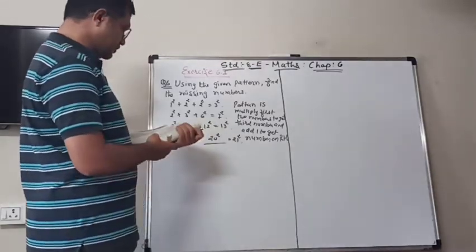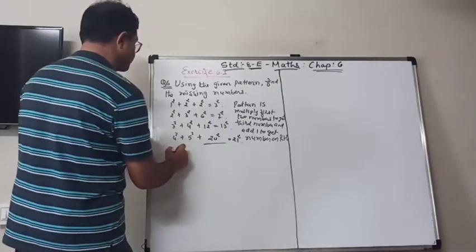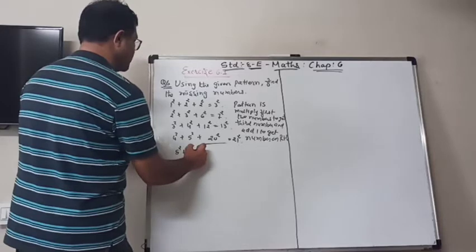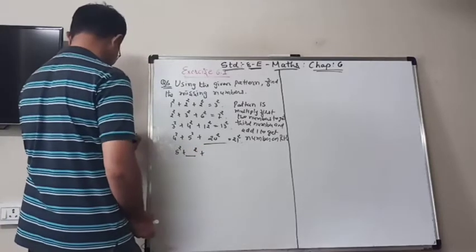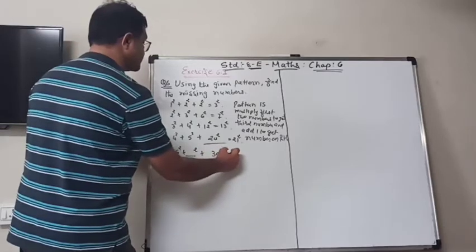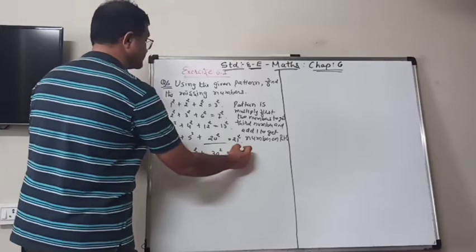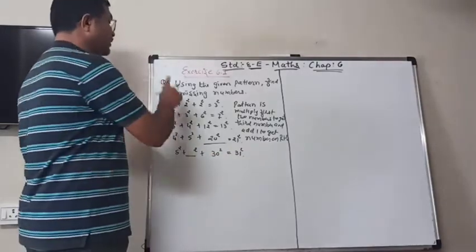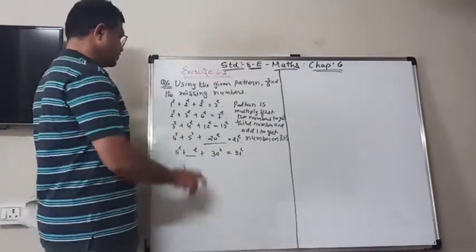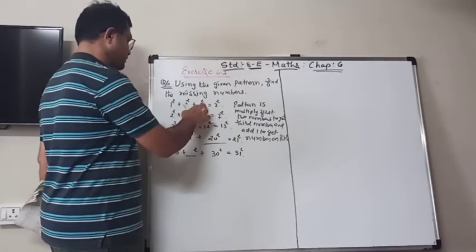There is another blank also down there. 5 square plus blank square plus 30 square is equal to 31 square. So we have to follow the same pattern. It means multiplication of the first two will be the third number.